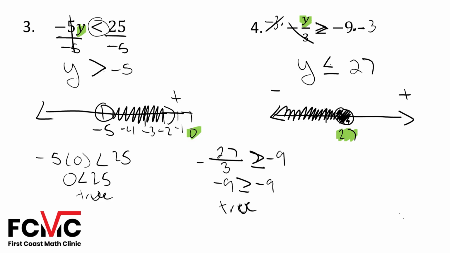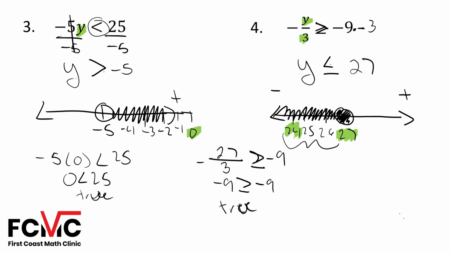And our values here are values less than 27. We've got 26, 25, 24. So if we want to choose one of these 3 values, which value would be a good choice? Which one of these would be a good choice to substitute in for y here, 24, 25, or 26? Well, the good choice would be 24 because 24 is divisible by 3.